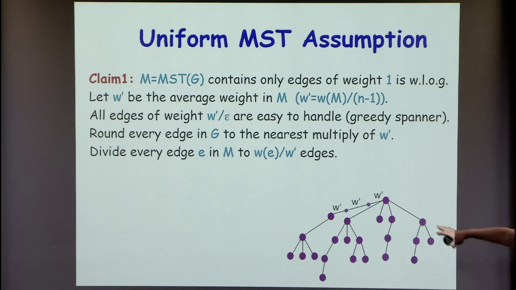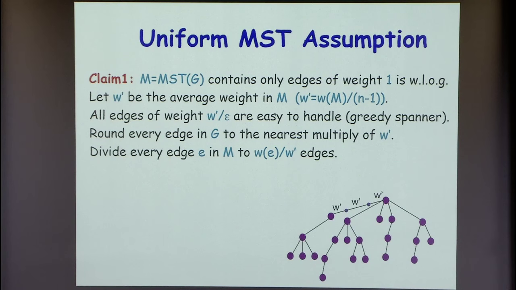And you can see that I did not add too many nodes here. By rounding up every edge in the MST to the nearest W prime, I could only double the weight of the MST. So adding these dummy nodes, we can show that you only added maybe n nodes more.